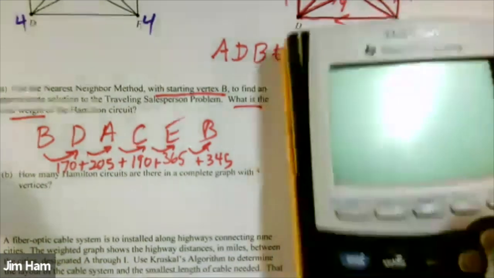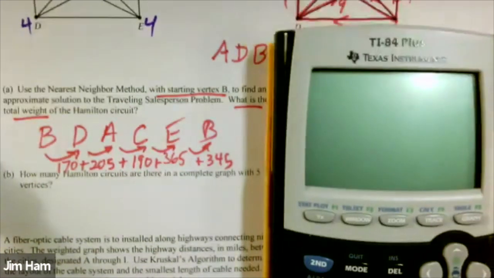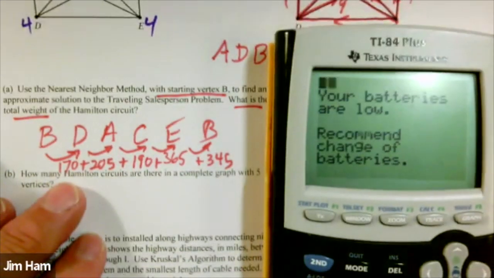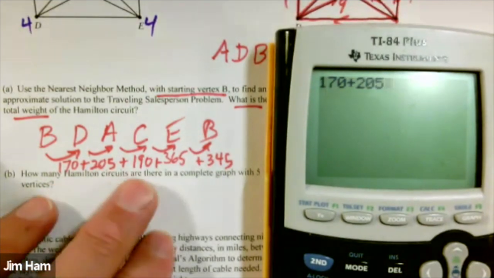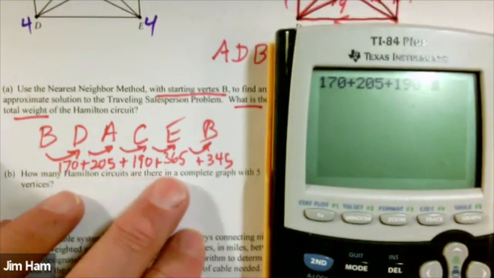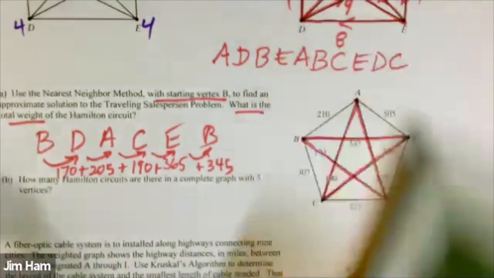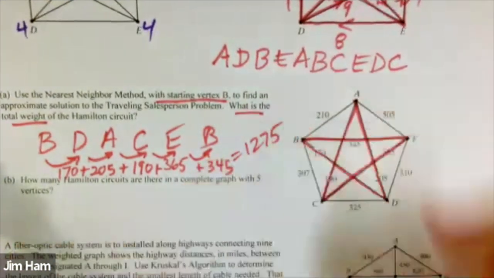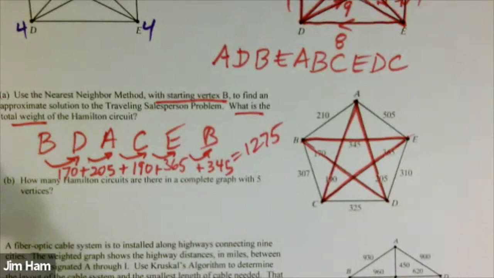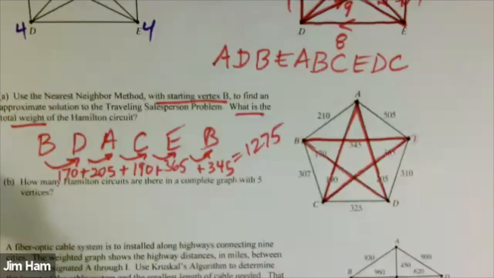Interesting that we formed a star, and that's not always going to happen, of course. 170 plus 205 plus 190 plus 365 plus 345. So we should all get this, because there was never a choice where we had to choose the nearest neighbor.